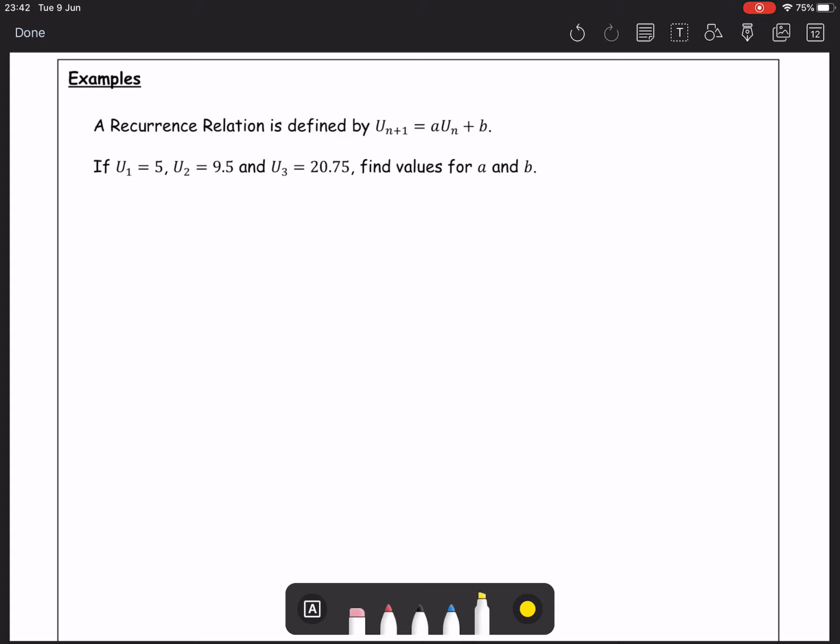What you're looking to do is use your knowledge of a basic recurrence relation to form 2 equations. We know that our recurrence relation is in linear form, and we know that U1 is equal to 5, our first term out of the 3. Our next term would be a lots of the previous term, U1, plus b.